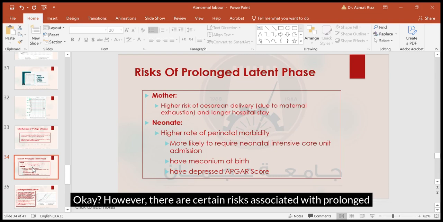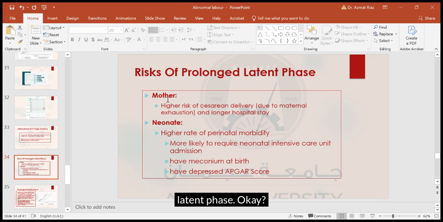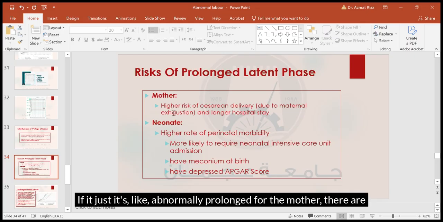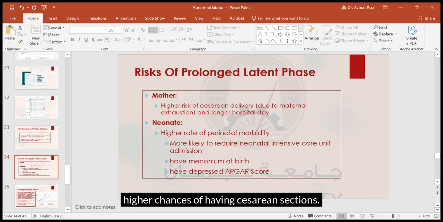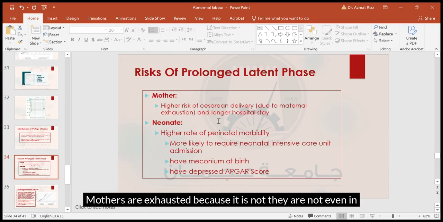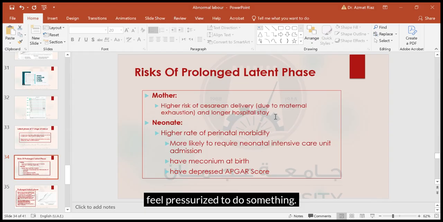However, there are certain risks associated with a prolonged latent phase. If it's abnormally prolonged, for the mother, there are higher chances of having cesarean sections. Mothers are exhausted because they are not even actually in true labor, right? And then the healthcare professionals feel pressurized to do something.